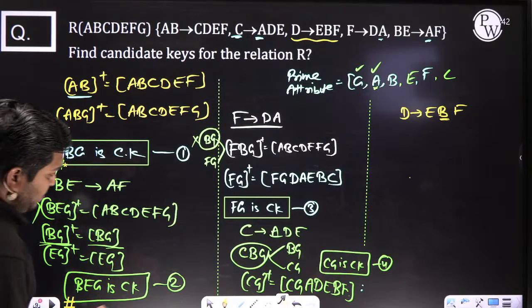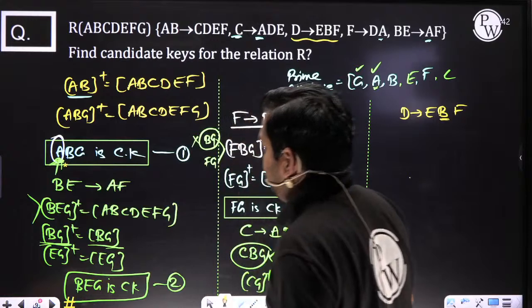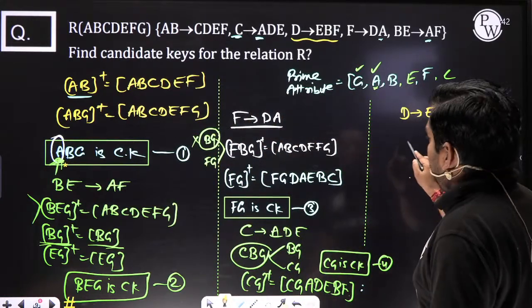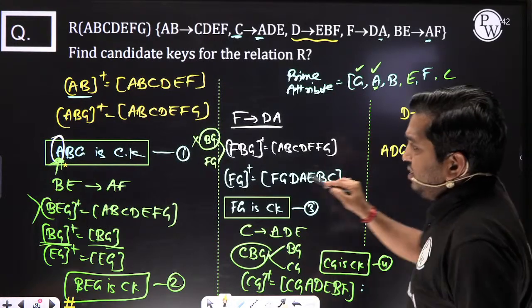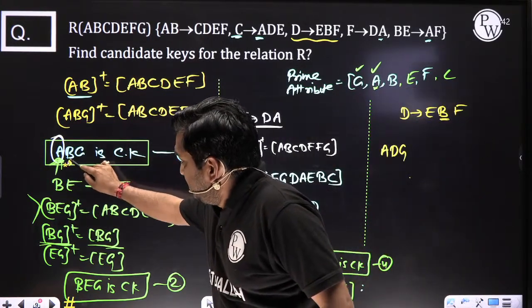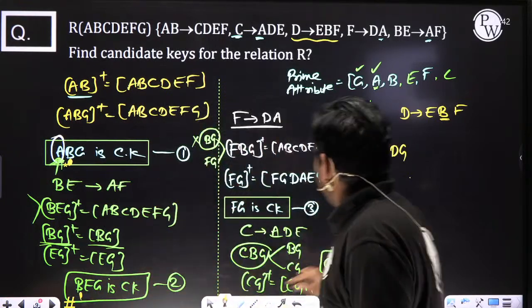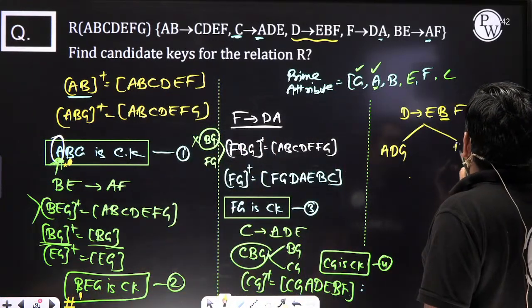These two places B is coming. What can we say? ABG, ADG, AD, EG.